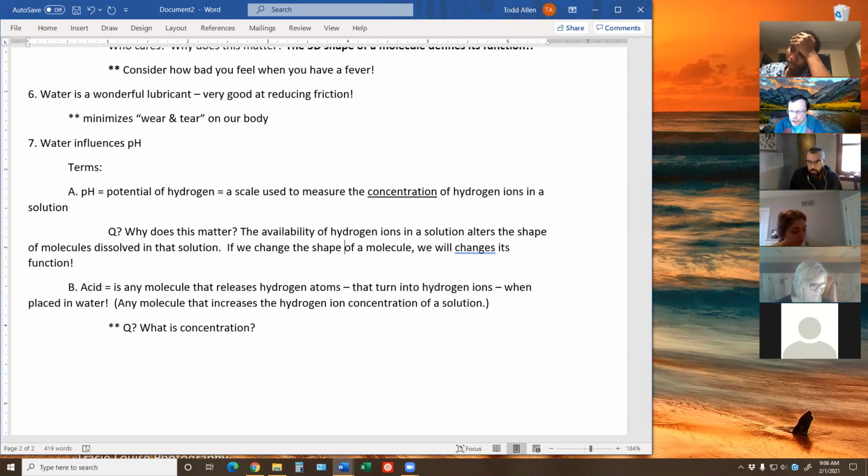And these words, when you look at their definition, the definition uses additional words that you don't understand, right? If you read that pH is a scale used to measure the concentration of hydrogen ions, you might not know what a hydrogen ion is, you may not know what concentration is, and in such cases, you are obligated to look these things up, right? Otherwise, it's never going to make sense.